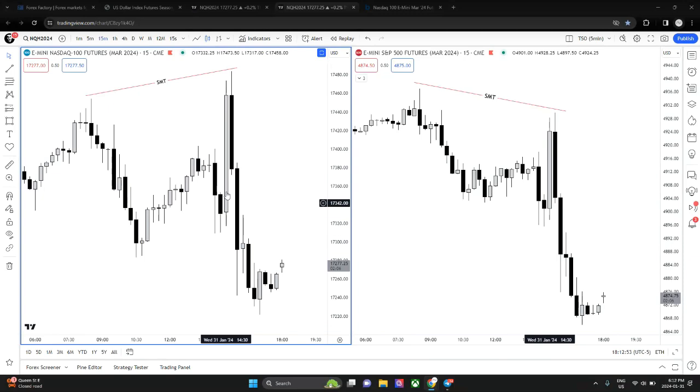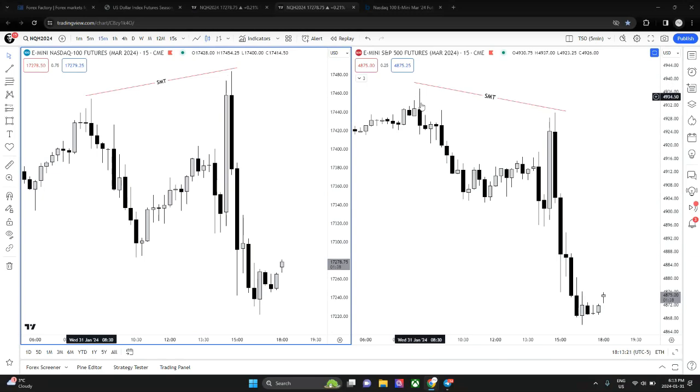We had news trigger this liquidity run above this high right here. And then we had price break down even more. And remember that this is also sequential SMT. This high was formed in New York session. And this high was formed when? In the afternoon session.